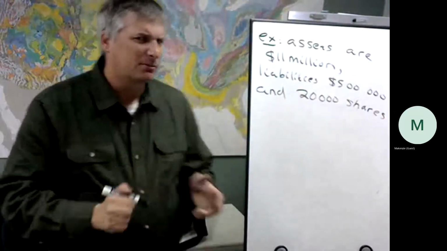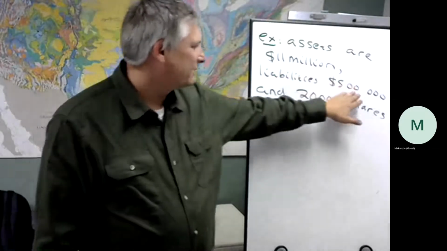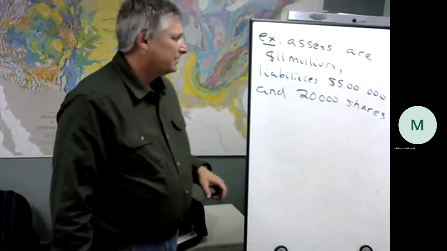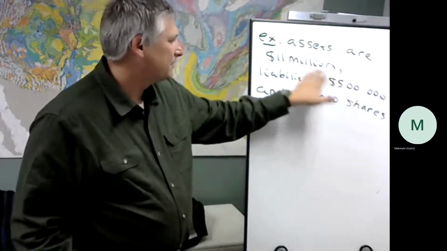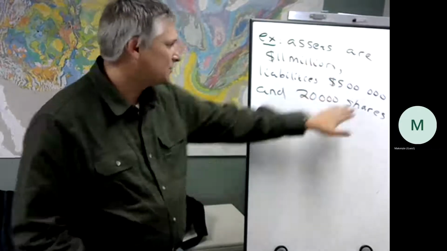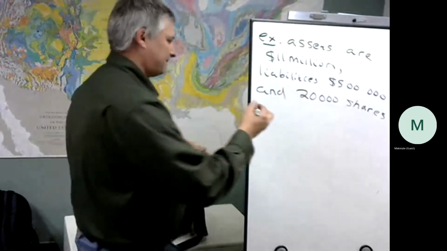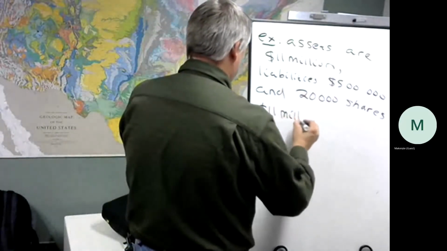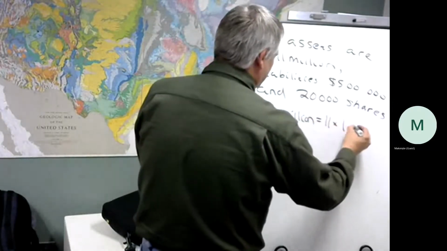Now this problem's a little problematic because we have 11 million for assets and 500,000 for liabilities. So you have to do 11 million subtract 500,000. Now because the magnitudes are different, we want to express these as the numbers they represent. This one's already done for us, that's 500,000, but 11 million is 11 times 1 million.